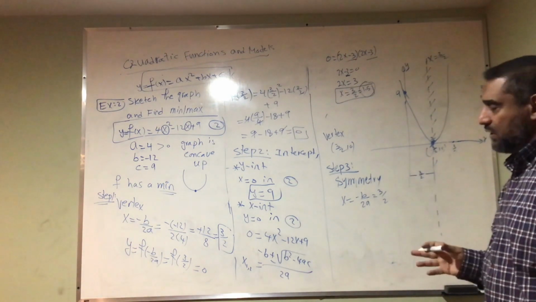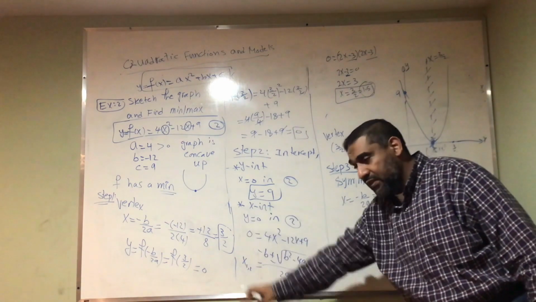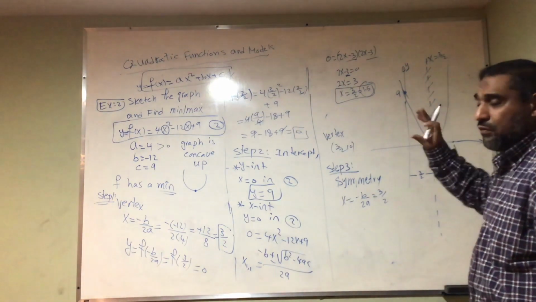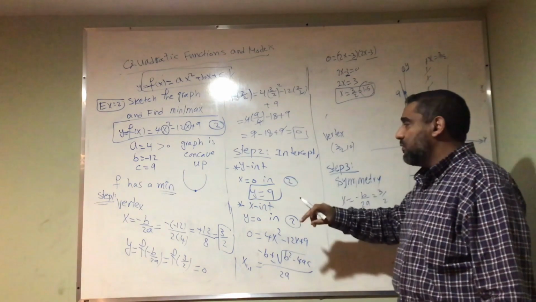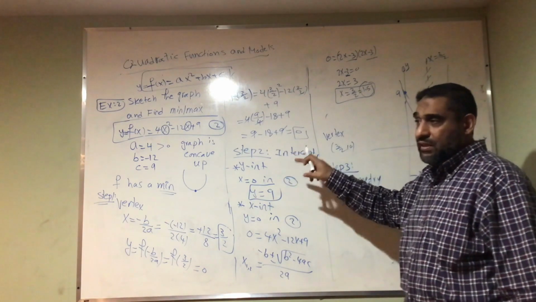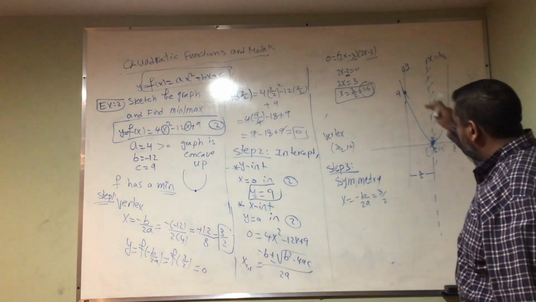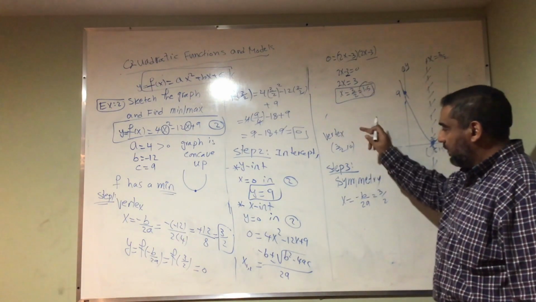So what is the conclusion here? For this problem, step number one, I figure out the vertex. Then I locate the vertex, 3 over 2 and 0. You have to find the x coordinate and y coordinate. Step number 2, you go ahead and find the intercepts, x-intercept and y-intercept. Then you locate them also on the graph. Step number 3, you have your vertex and the symmetry.